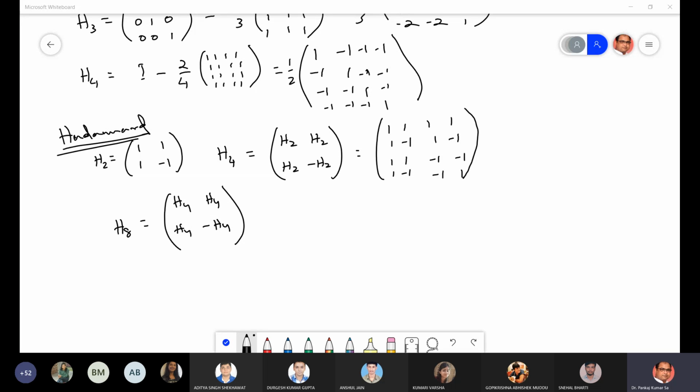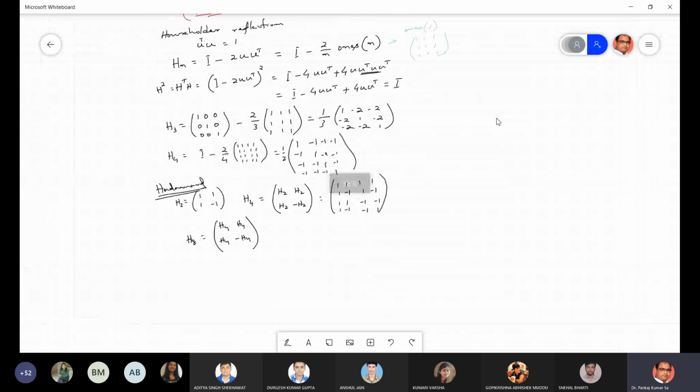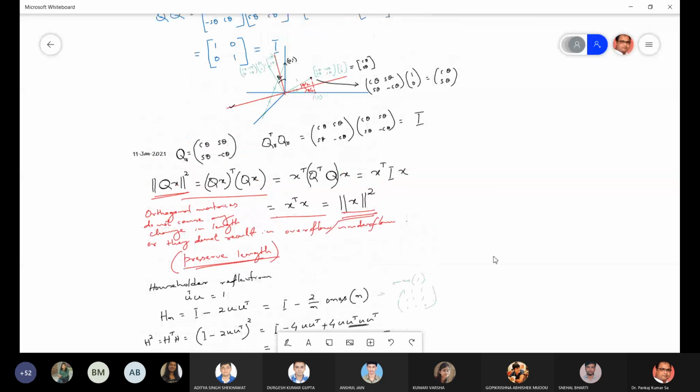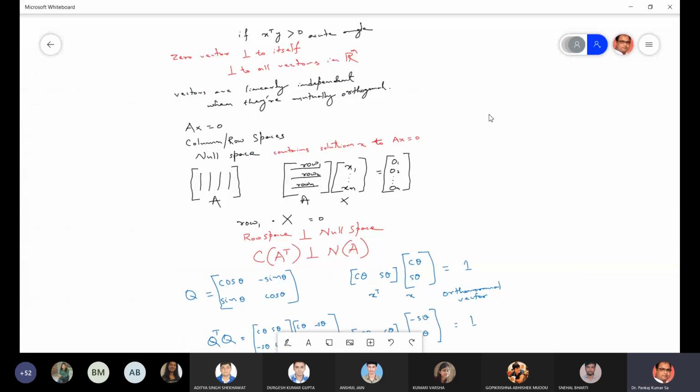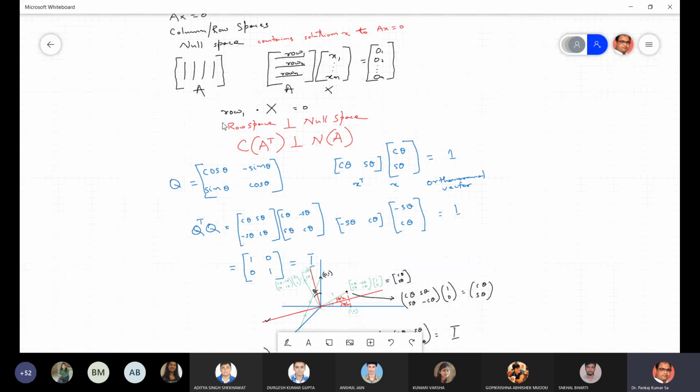We have many such matrices, but the bottom line remains the same: Ax equal to b, that is what we started with in the very first class, and will continue to do so. And that is what the row space is perpendicular to the null space.